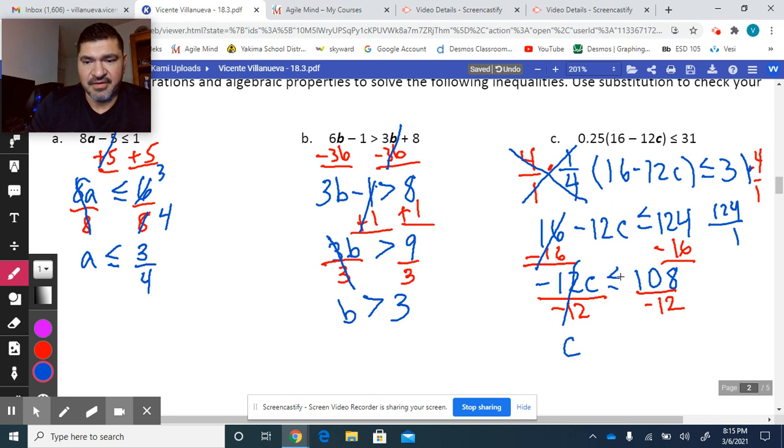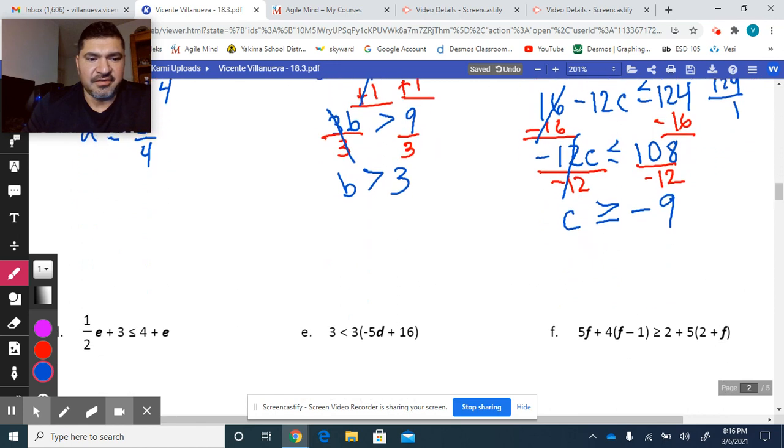So instead of it going that way, we're going to change it to this way. Okay, and 108 divided by negative 12 equals negative 9. So super important step right here. Because we divided by a negative, you have to change that sign.